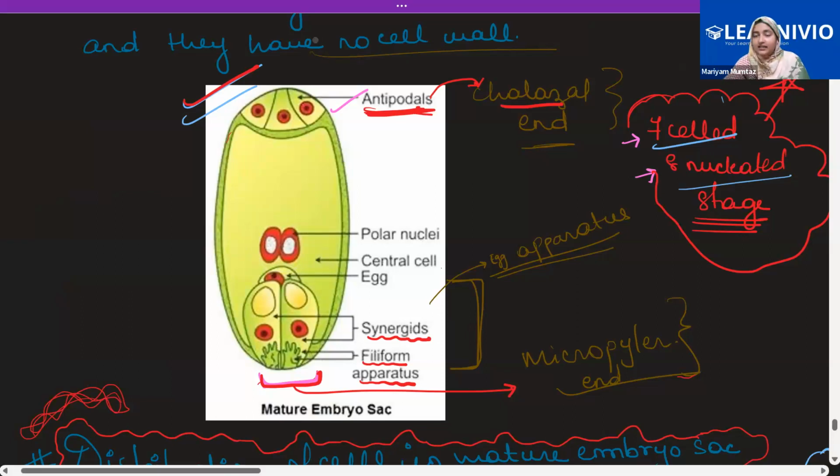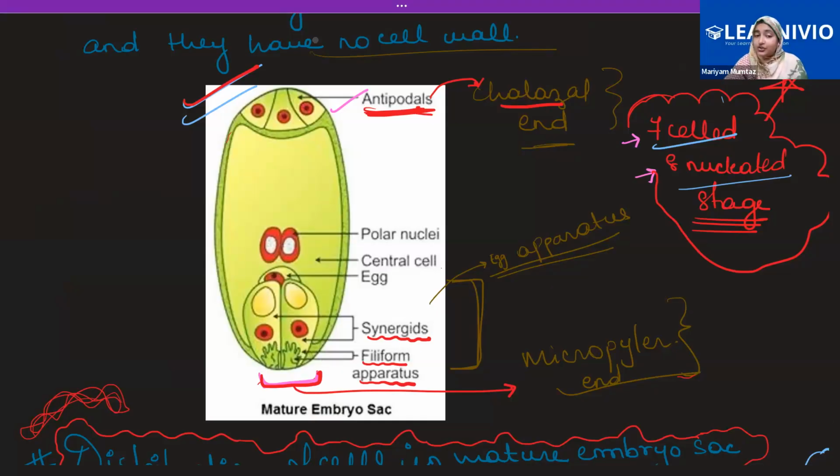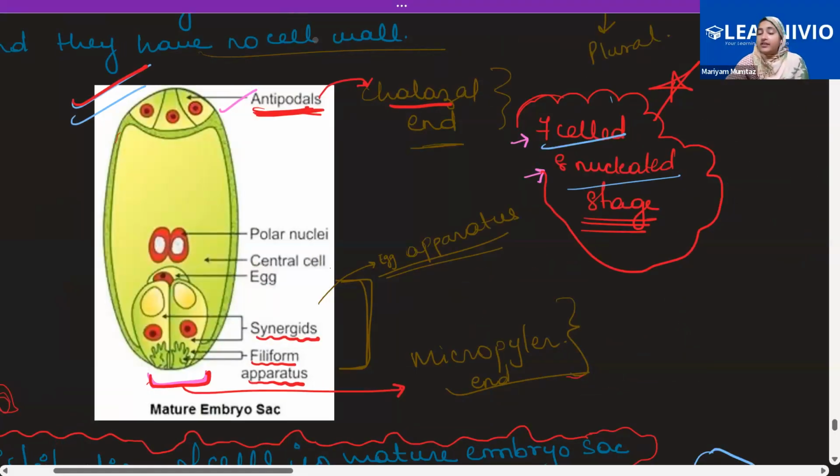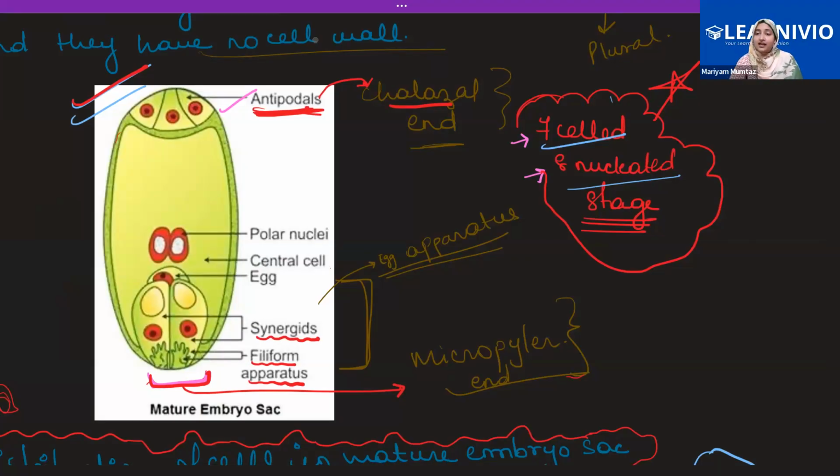So they say that the mature embryo sac of the angiosperms is 7-celled, 8-nucleated. Do you understand this? 7-celled, 8-nucleated. What does this mean? Because the central cell has the polar nuclei, it will be 7-celled, but it's 8-nucleated.